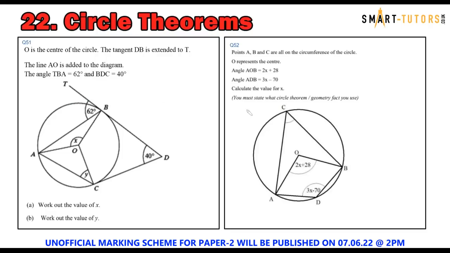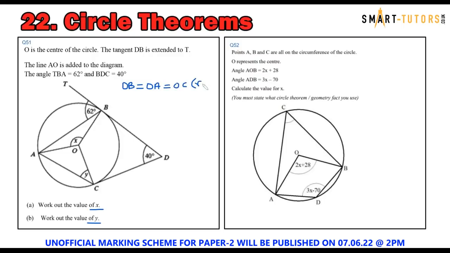Or if you have enough space on the page, you write it step by step, what you believe is true, following the argument where you need to find the variables in the question. The variables in the question are x and y. So x is somewhere here. They have given O is the center. So I can say OB equals OA equals OC.